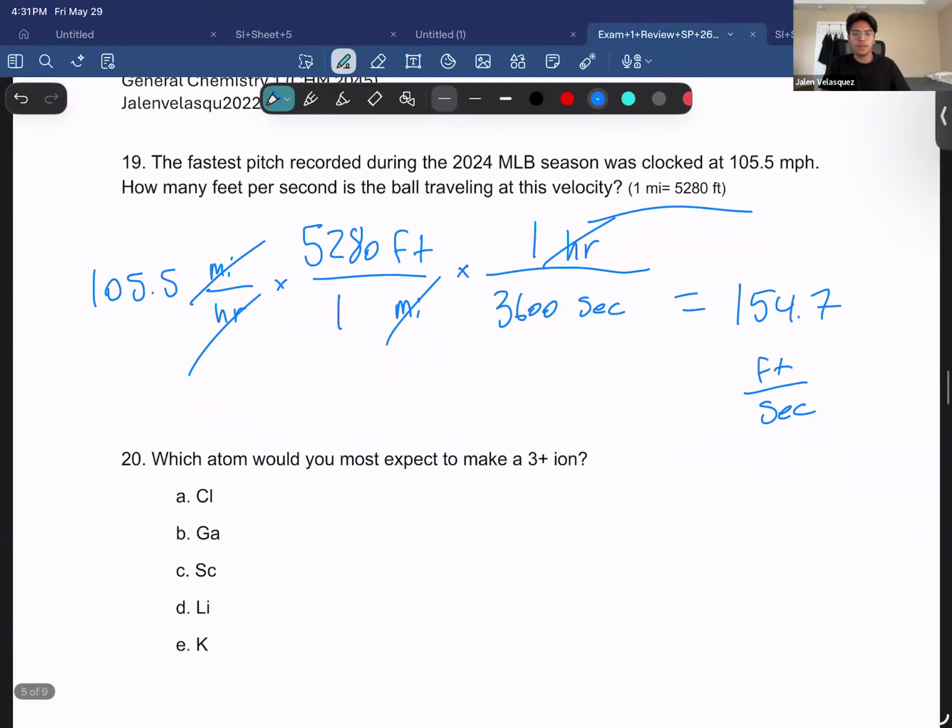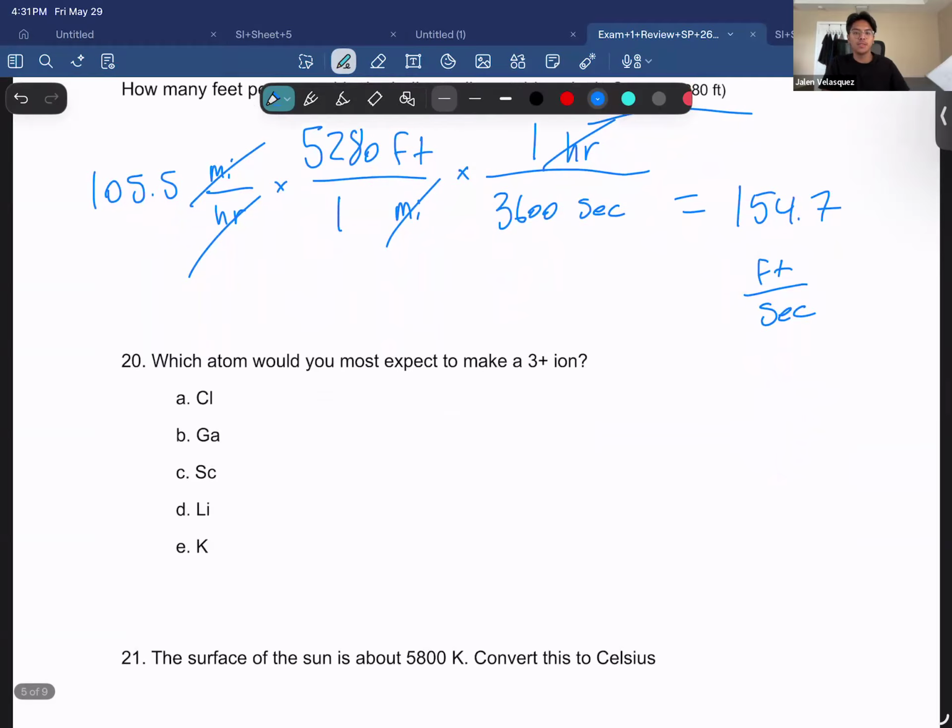All right. Number 20, which atom would you most expect to make a 3 plus ion?